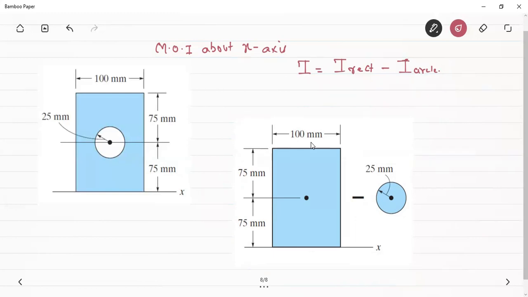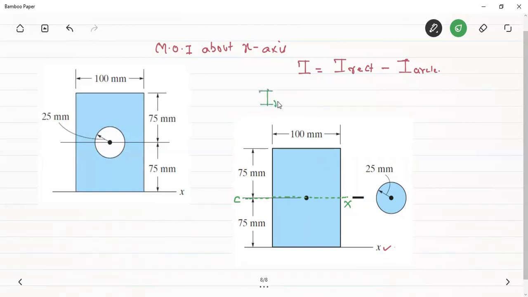Okay, so if we take an example of this complete rectangle, the dimensions are 100 and 150. We have to find the moment of inertia about this x-axis, but we don't directly know the result. Therefore, we can use the parallel axis term because we know the moment of inertia of the rectangle about its centroidal x-axis.